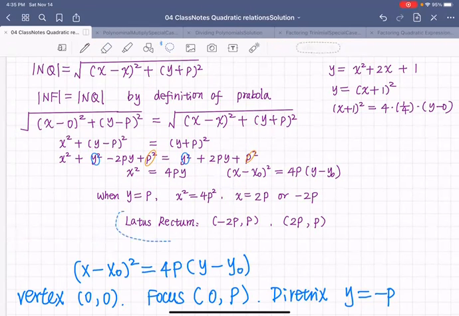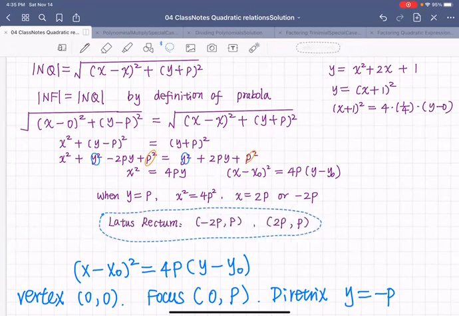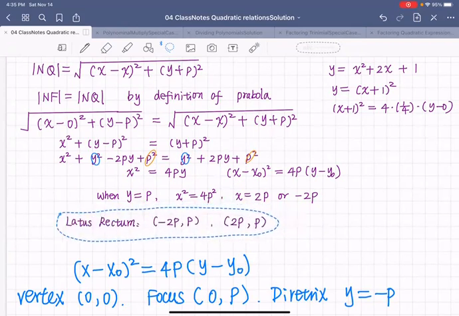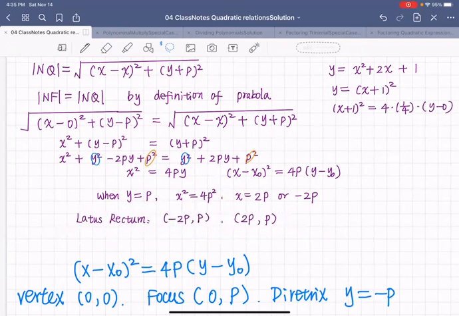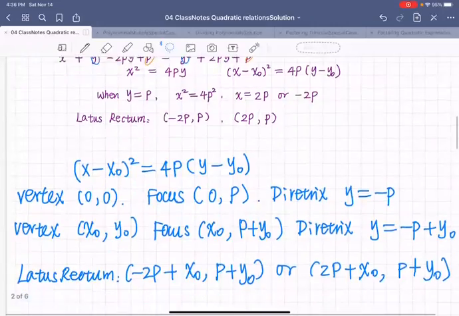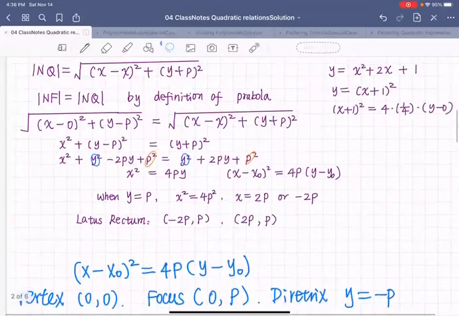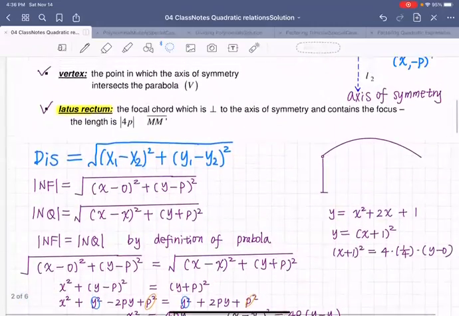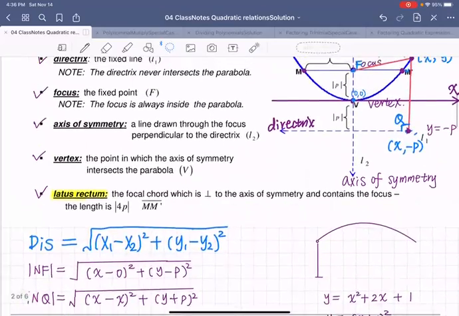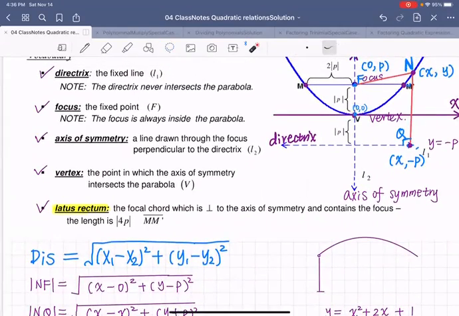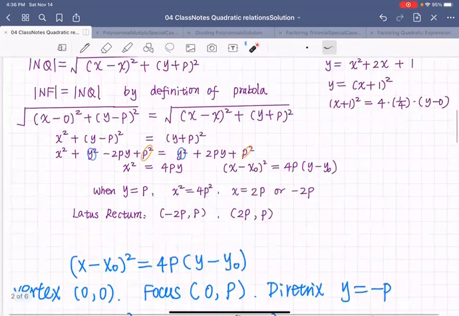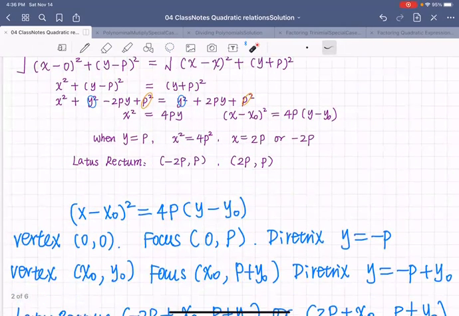So now you can finish. Previously, in this part, we only talked about the simplest case. The center is at 0, 0. Let's summarize all those different point locations, because in the quiz or test, they will ask you all those locations.